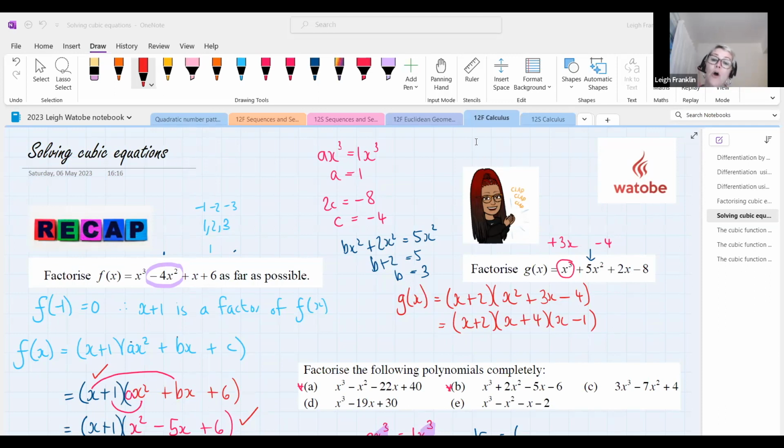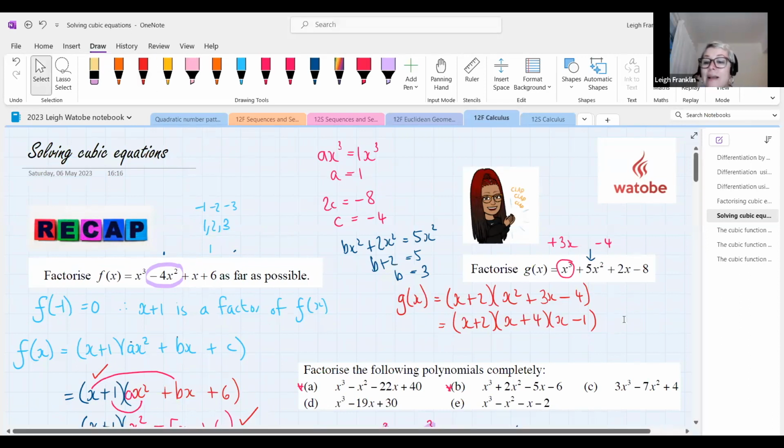Because remember, her first linear factor may have been different to yours. And that's okay, because if you used x minus 1 as a linear factor, your trinomial would have been a little bit different. But when you factorize the expression fully in the end, it would have ended up being exactly the same. Okay, so it's exactly the same thing.